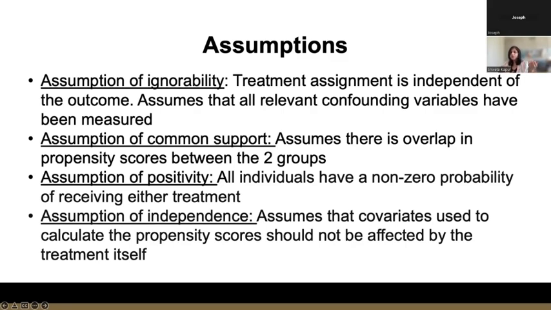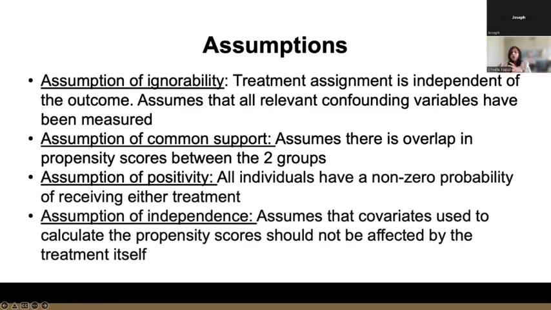Of course, you don't want your independent variable to be influenced in any way by your outcome. It also assumes that all the relevant confounding variables have been measured. Again, this is something that rarely happens, but we have to assume that we are doing it if we're doing propensity score matching. So this is also one of the limitations.